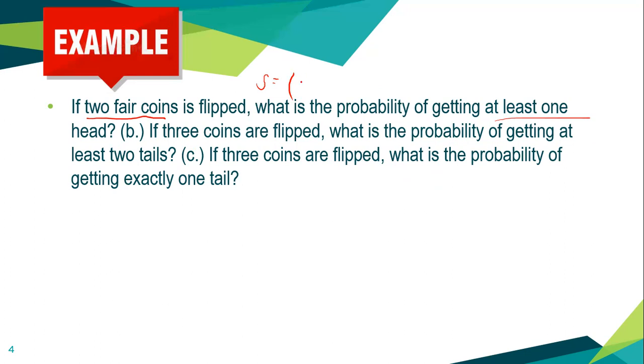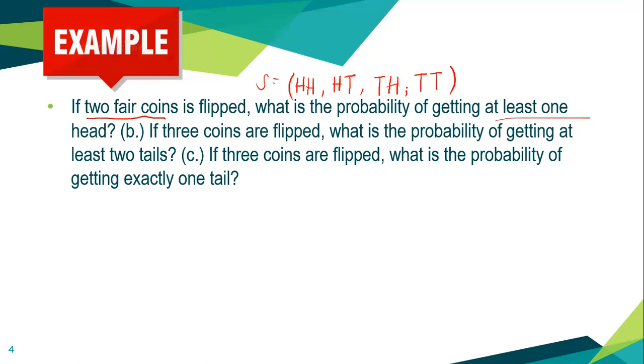Yung isa pwedeng head ang lumabas, then yung pangalawa head din. Or pwede na ba yung una ang head, then yung pangalawang coin is tail. Or pwede ding tail yung una na coin, then head sa second coin. Or pwede din naman na parehong tail yung lumabas doon sa dalawang coin. Tama? So these are your sample space.